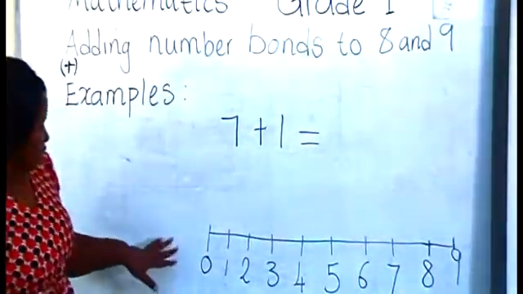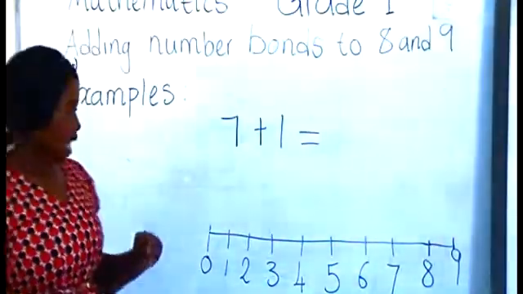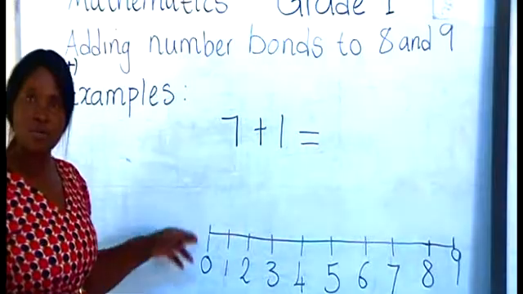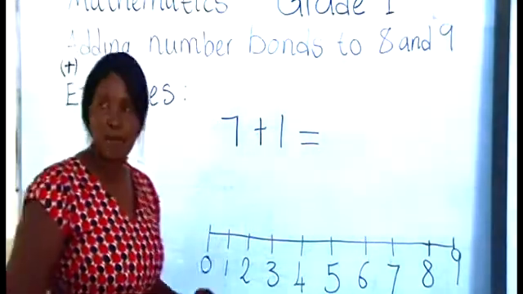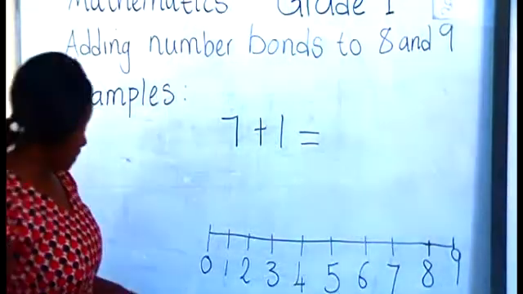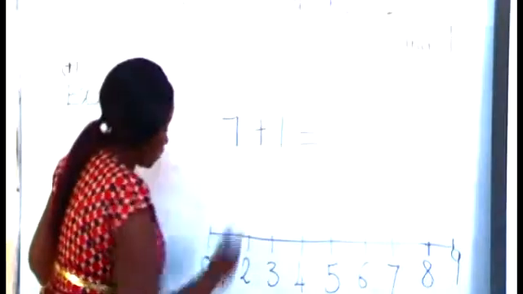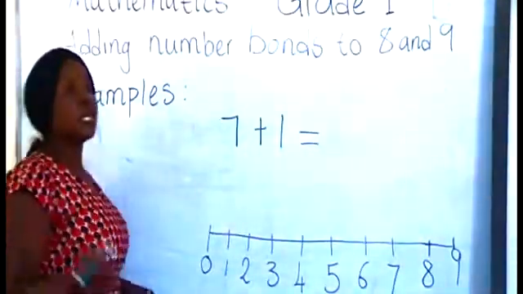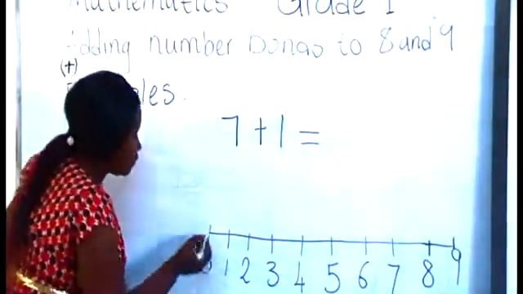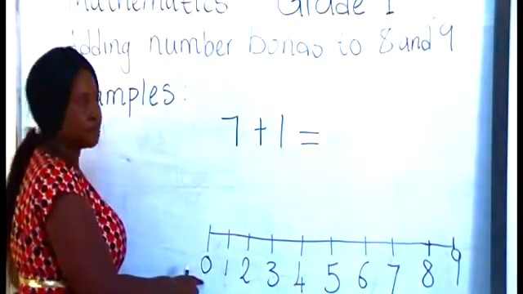Remember, last week we also used the number line, and we are going to use the same number line, but it's the opposite. If you are told to use the number line, first of all, you stand at 0.